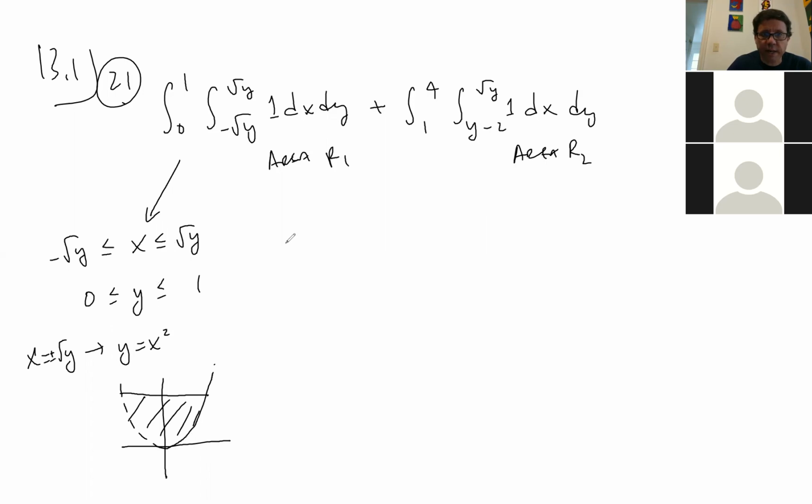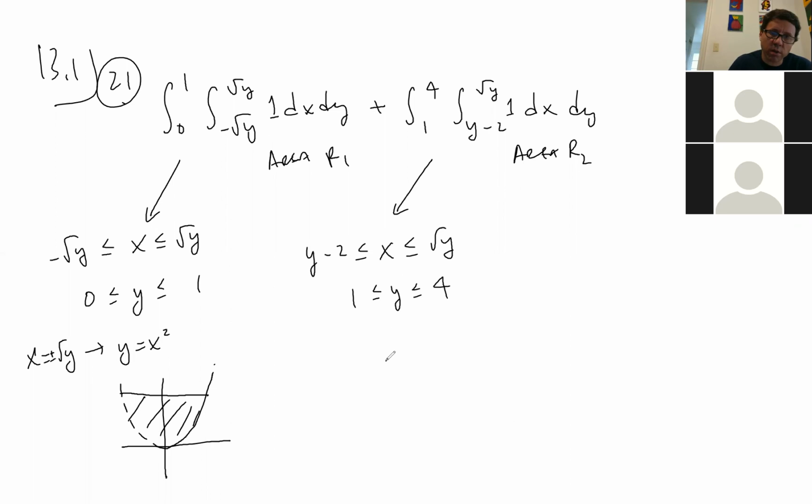What about the second area? Here we go. So the second area is x greater than y minus 2 and less than the square root of y, but I only want that for y between 1 and 4.